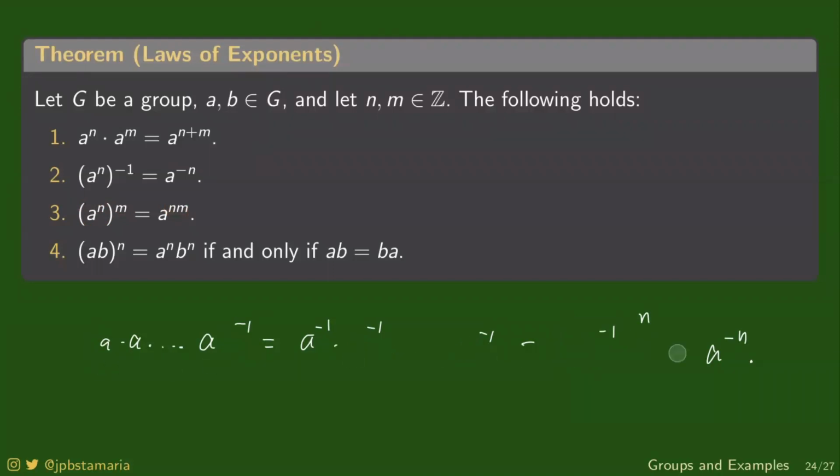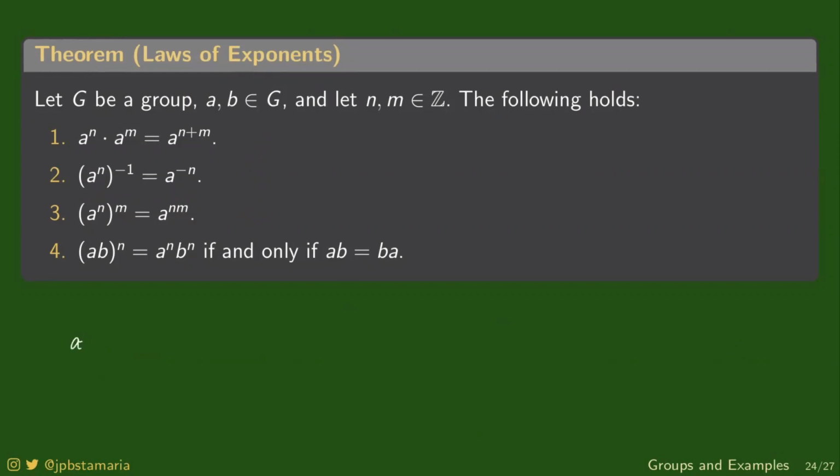Yung number 4 lang ang gusto kong linawin dito. Yung n power ng AB is not necessarily the same as A to the n, B to the n. No? Nangyayari lamang yung equation na yan only when AB equals BA.